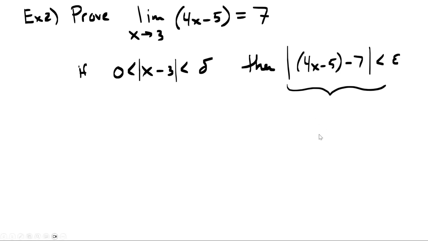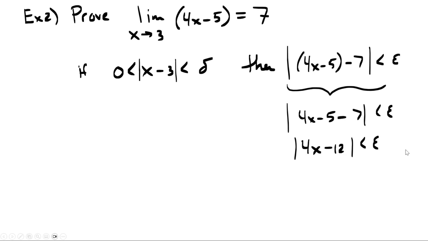Here's what we do. We take the right-hand side, which is right here, and we start simplifying. If that's true, then this is true. And if that's true, then this is true. Everybody agreed there? And if that's true, then I can factor out a 4 out of the absolute value, and this is true. And if that's true, I can divide both sides by 4, and I can make that to be true.